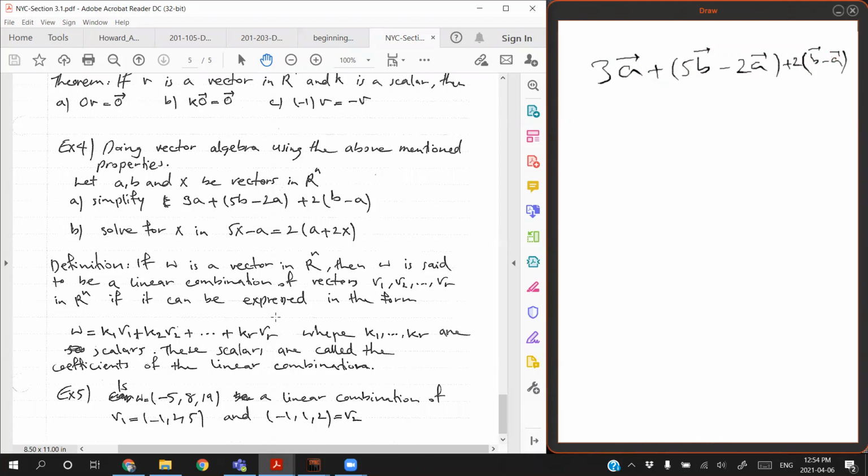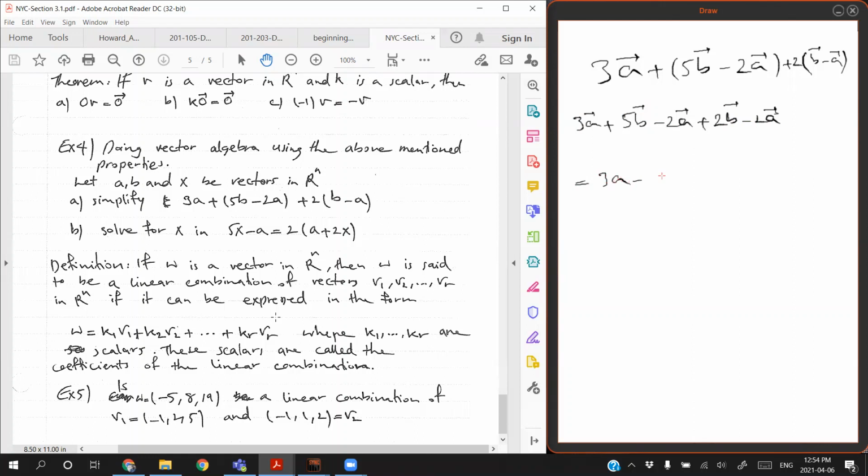Okay, so because of those properties, you can simplify this. You can write that as 3a plus 5b minus 2a, and then you can use the distributive property, write that as 2b minus 2a. And then because of the commutative property, you can bring all the a's together and all the b's together.